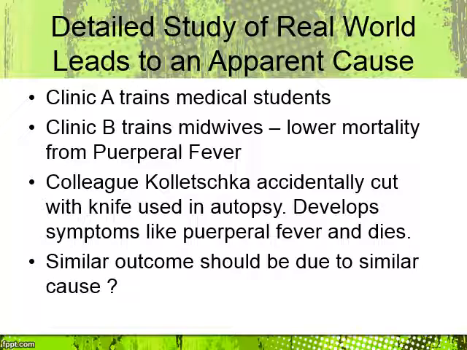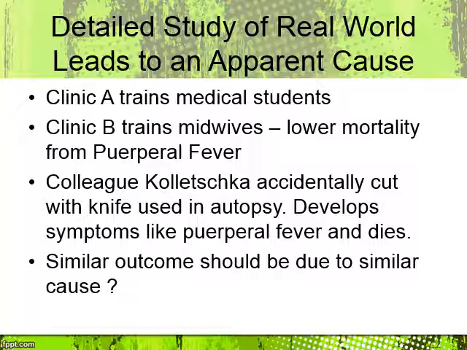So one of the things that happened was that at some point, clinic A had been isolated for the use of medical students, mostly males, and clinic B was for females to train midwives. It was the clinic B which had the lower mortality rate. So again, the question is why. There should be no differential created by this training difference.